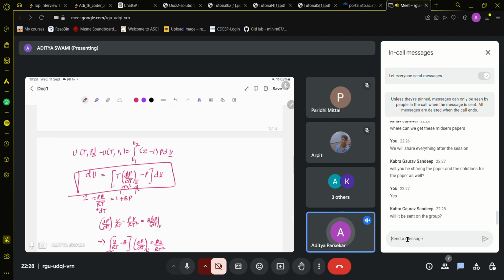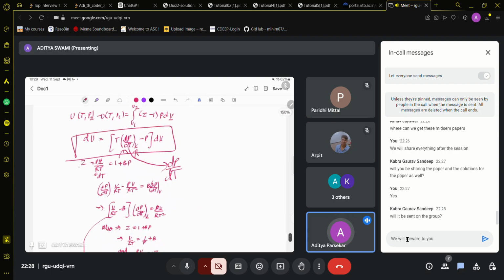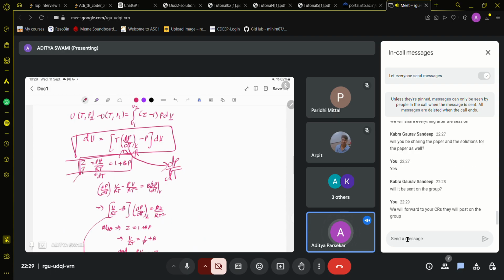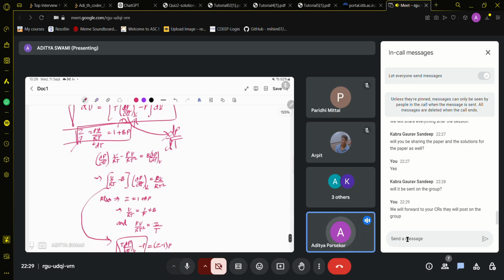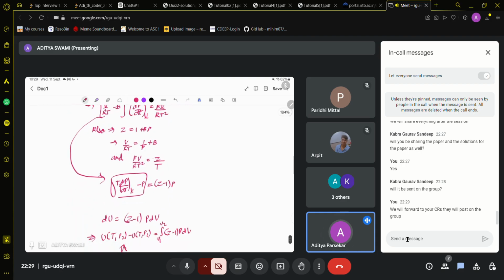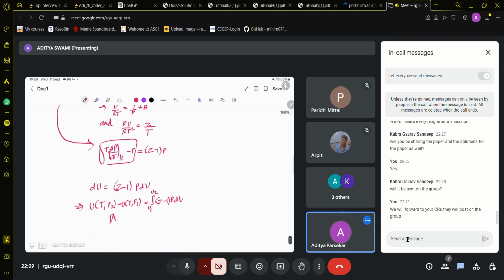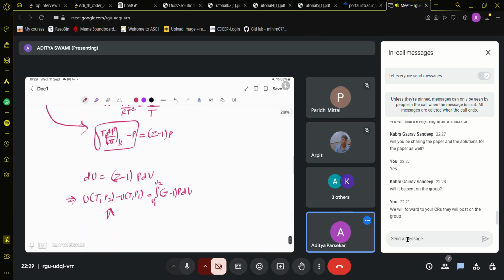You figure out how you can get the dP by dT term, and you use the relation given to you, that is Z, and differentiate it with respect to what you want. So here we wanted dP by dT, so you differentiate Z with respect to T to get the required relation, and then substitute accordingly to arrive at the final answer.